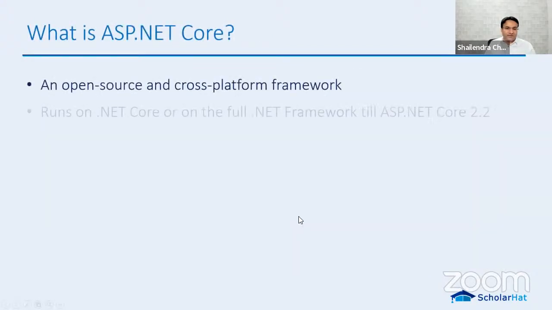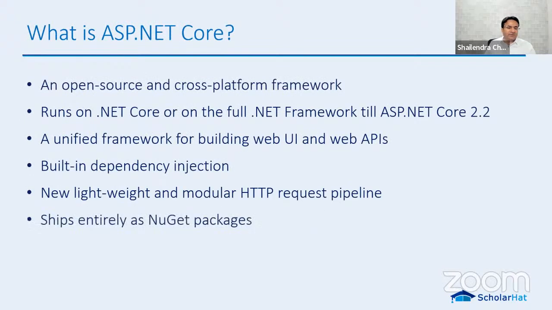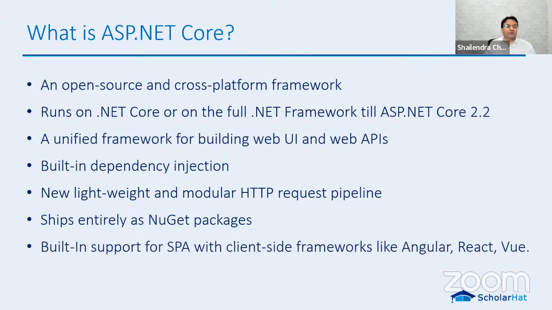Okay. So when it is coming to ASP.NET Core, it is an open source and cross-platform framework which helps us build the UI as well as APIs. It has built-in dependency injection. It has a lightweight and modular request pipeline. And we don't need to set up anything locally.